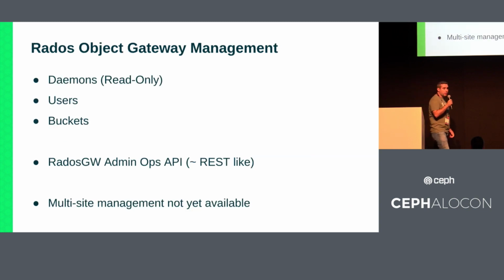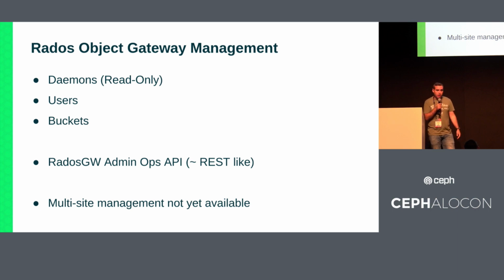Regarding the Rados Object Gateway, currently we are able to see how many RGW gateways are running, which we call the daemons. This is only a read-only view, so you just see how many there are. You can manage users, so you can create users, and for each user you can manage their keys and also set some quotas.